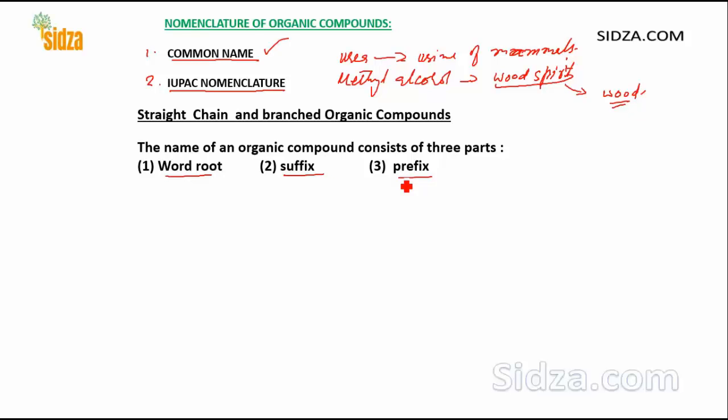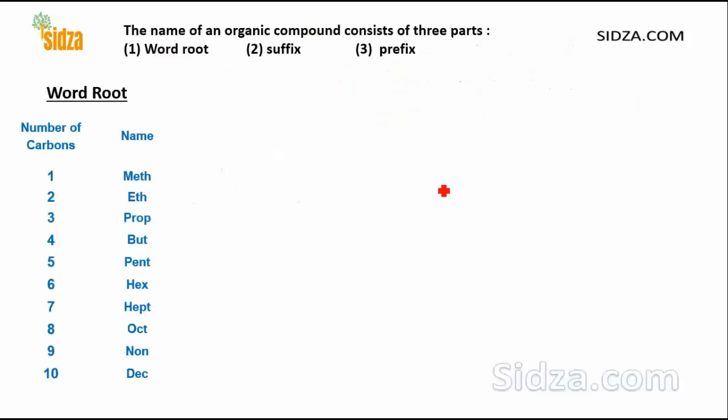Word root refers to the number of carbon atoms in the molecule. Suffix refers to what kind of linkage is there between the carbon atoms, and prefix refers to whether the molecule is cyclic or acyclic. We'll discuss all these things by taking certain examples.